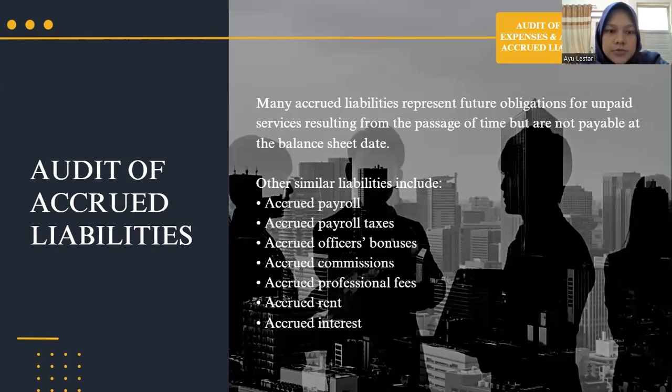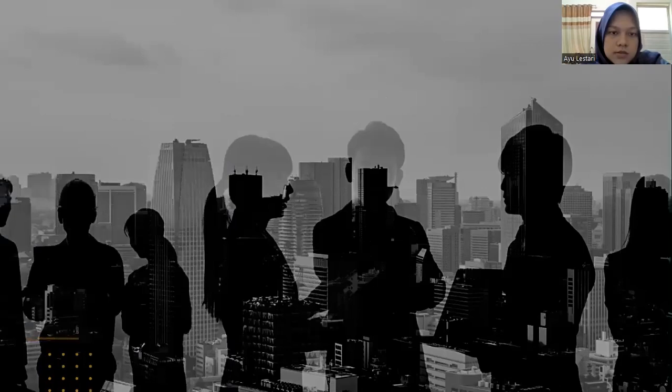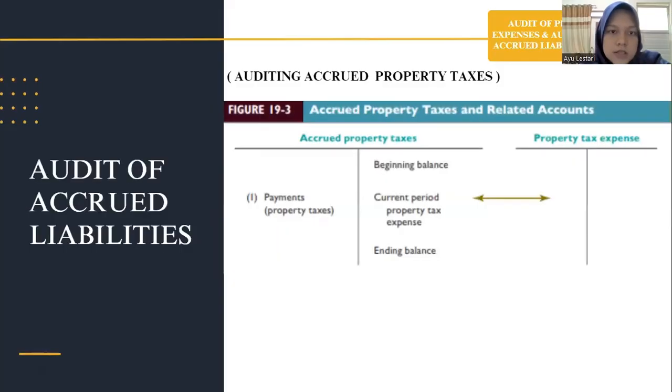And in accrued liabilities, similar liabilities include accrued payroll taxes, accrued officer bonus, accrued commission, accrued professional fees, accrued rent, and accrued interest. Next, this is the picture of accrued property taxes and related accounts.